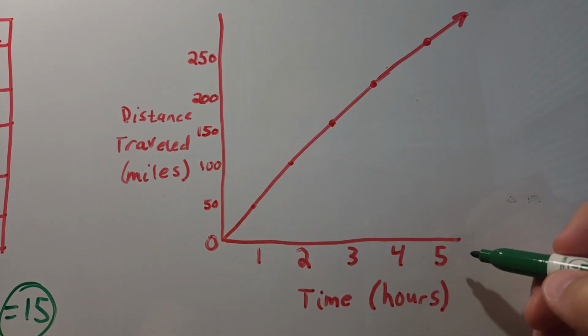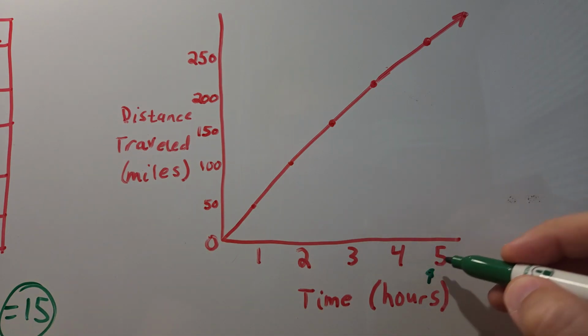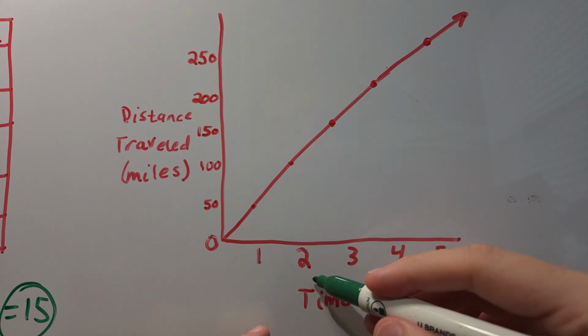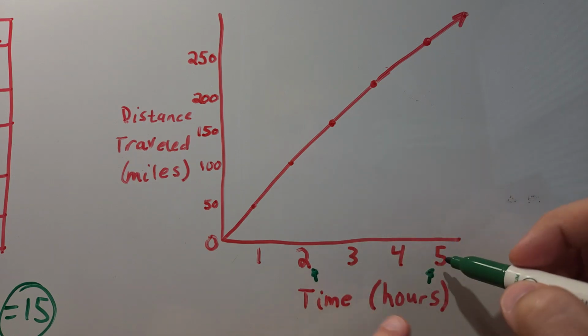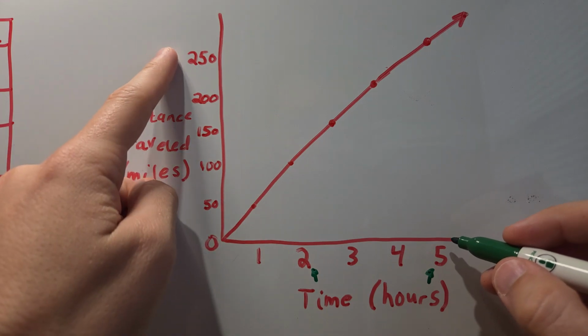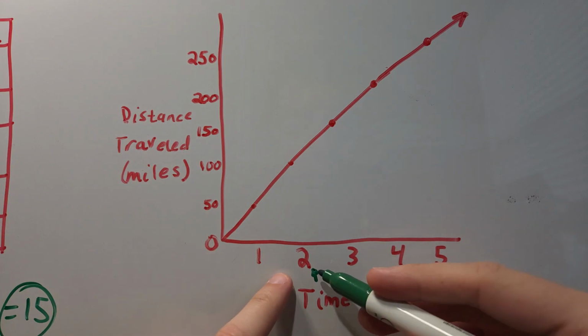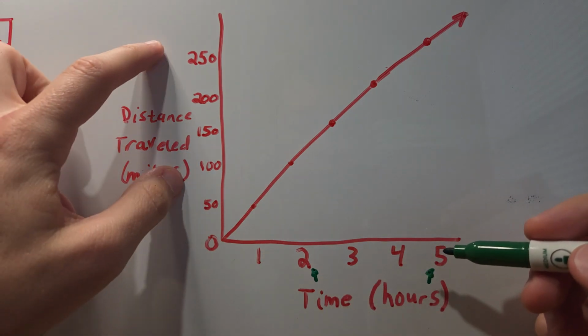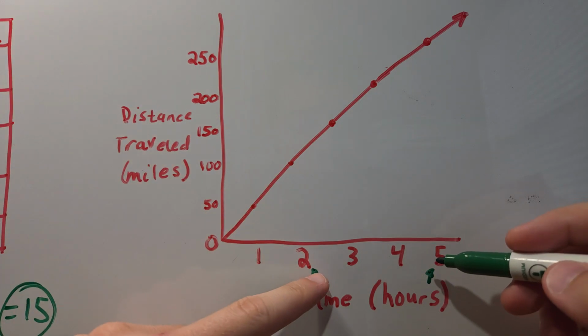So let's go ahead and do this. Let's find the rate of change from day 5 to day 2, or from the 5th hour to the 2nd hour. So at 5, we're at 250, and at the 2nd hour, we're at 100. Vertical change over horizontal change.